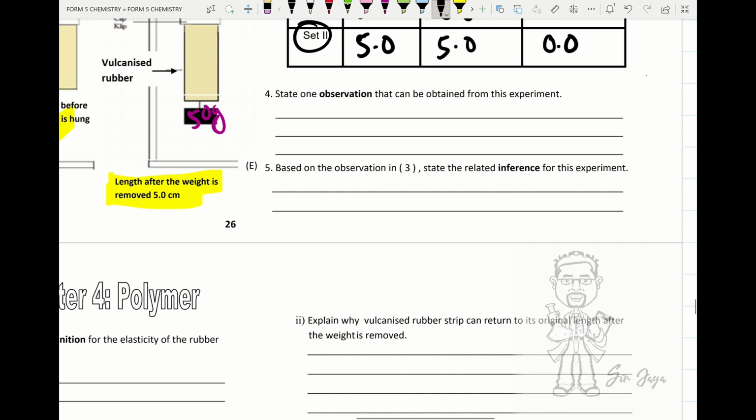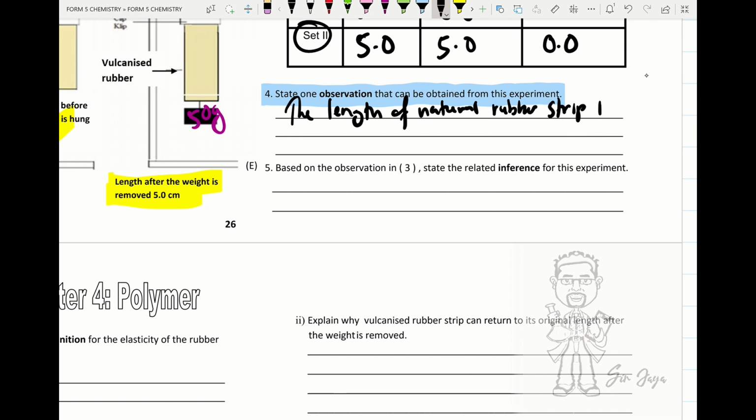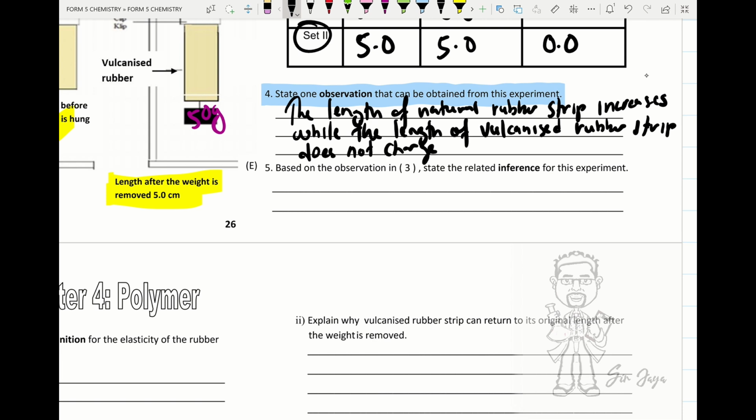On to question number 4: state one observation that can be obtained from this experiment. The length of the natural rubber strip increases while the length of the vulcanized rubber strip does not change after the weight is removed.